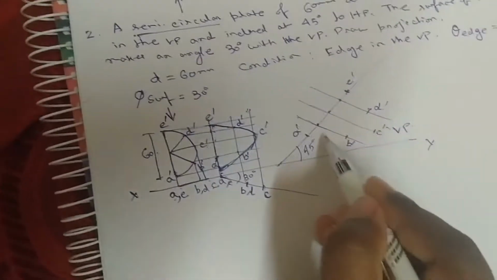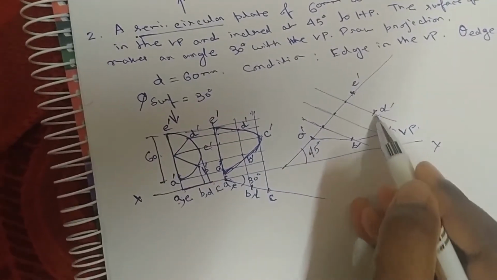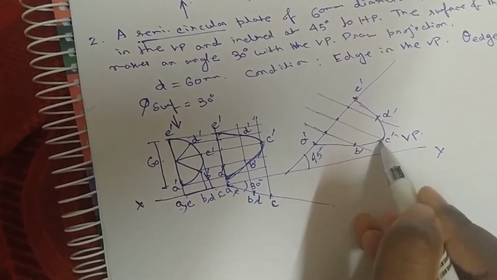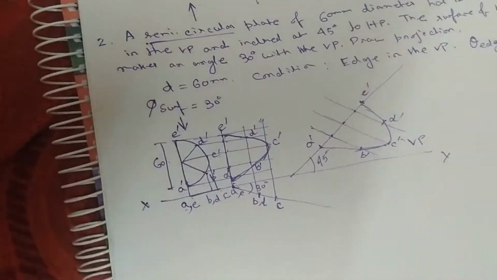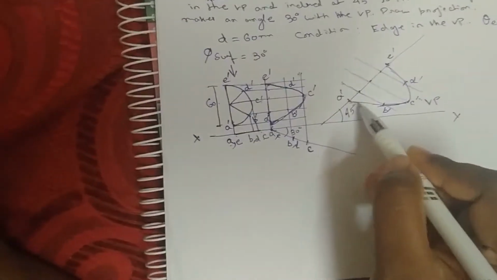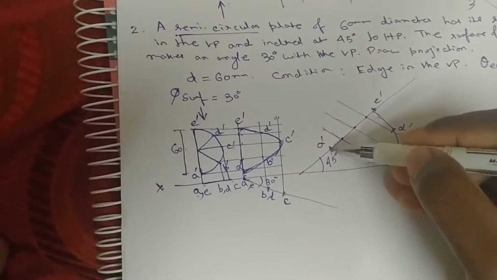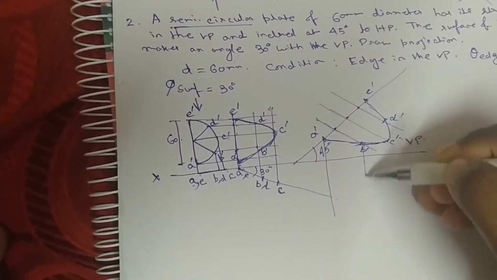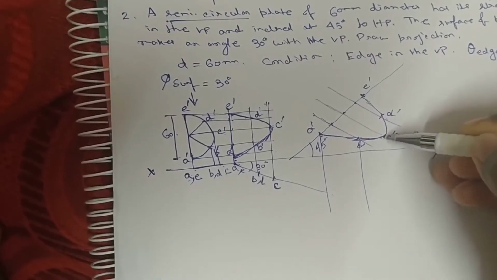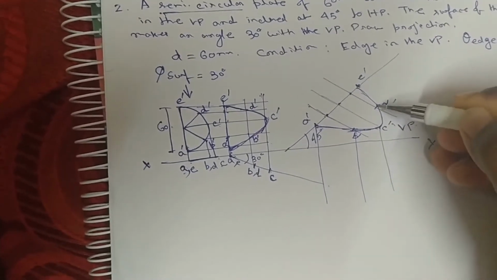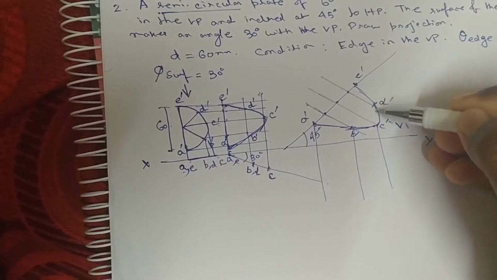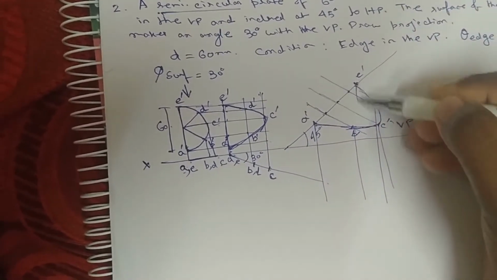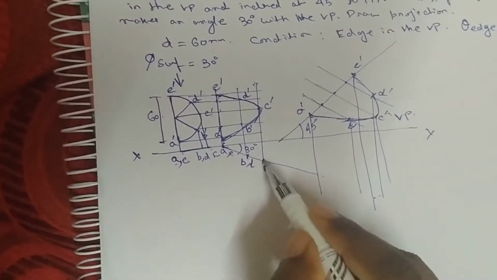Then just join all those points with the help of your curve. After that, to get final form, we are going to again extend all those 5 points, like that.